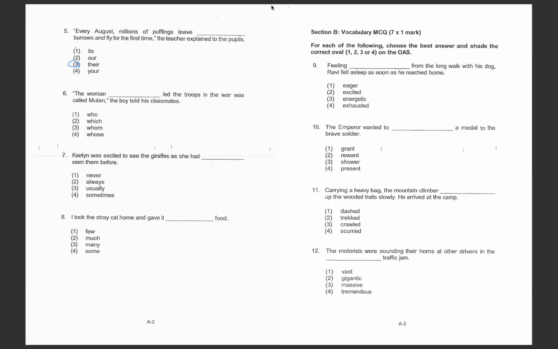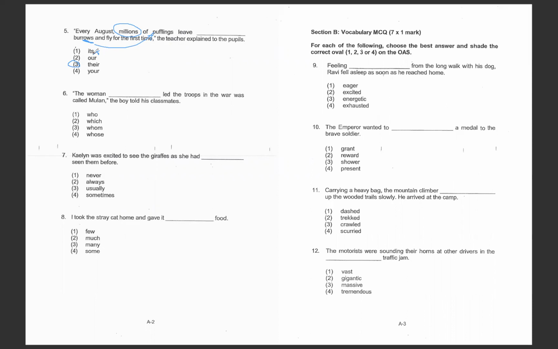So millions already means that it's not a single, it's multiple. And these burrows belong to the pufflings. It belongs to them, right? So you use "their".